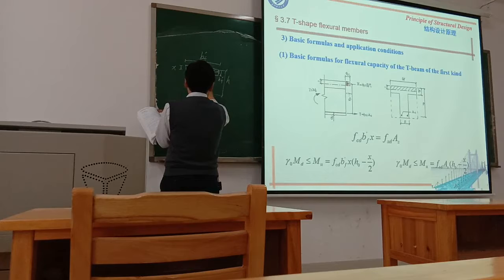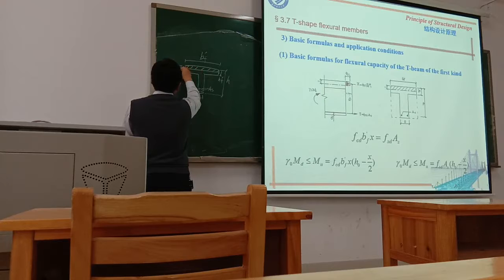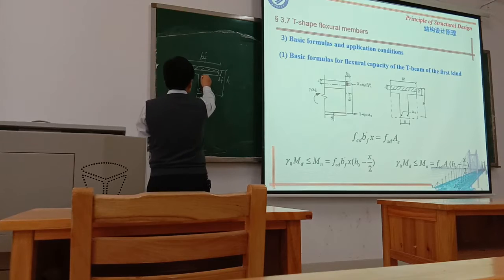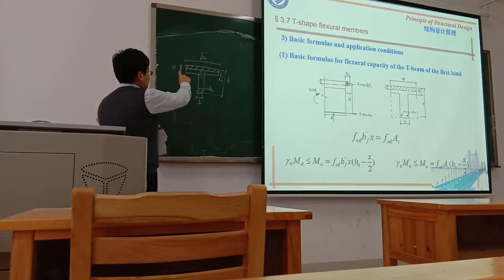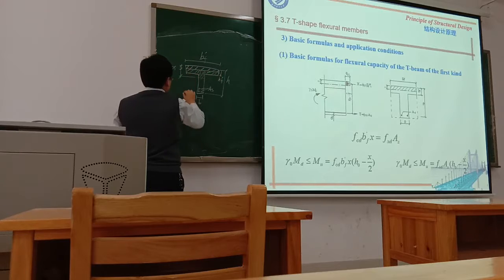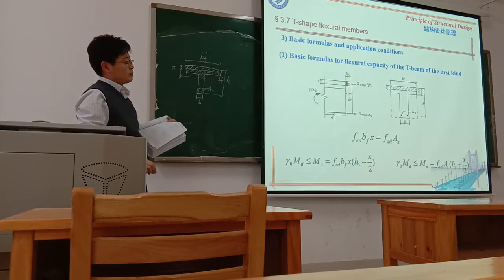So here A S. So we got these symbols. Can you write the basic formula for type 1? And if the compression reaches here, then it belongs to type 2. For these two different situations, X is from here, and you can write the basic formula.